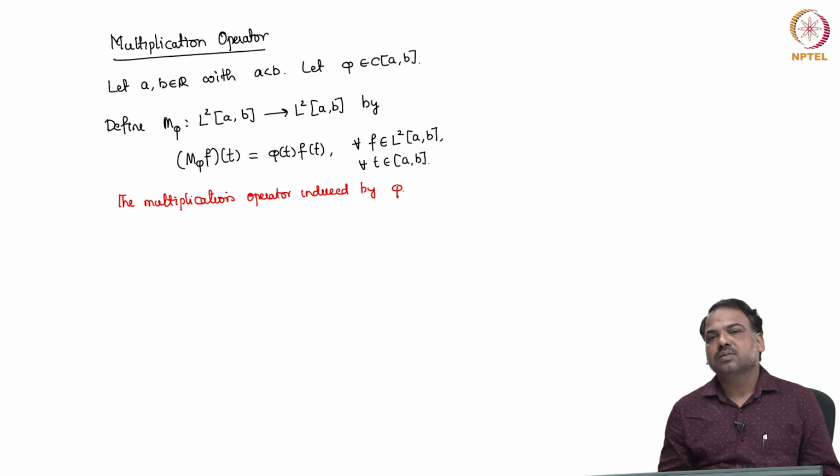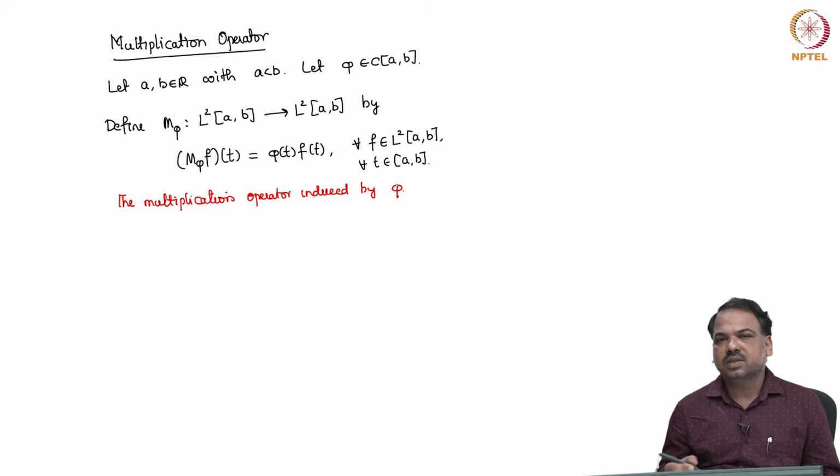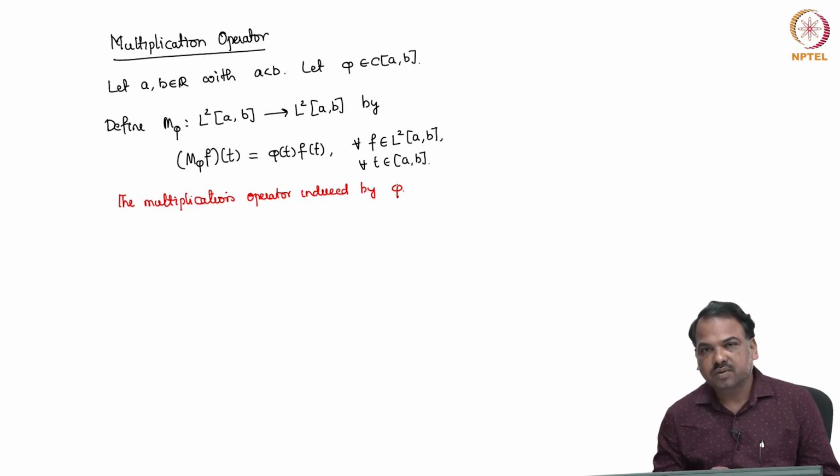That means the sequence that we are taking determines the norm of the operator. Not only the norm, it determines all the properties of the operator. So in this case also, the properties of M phi are determined by phi. That's why we call this the multiplication operator induced by phi.